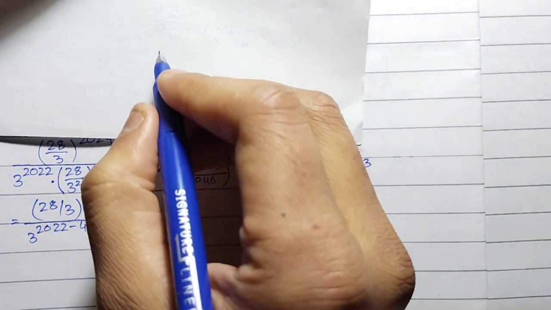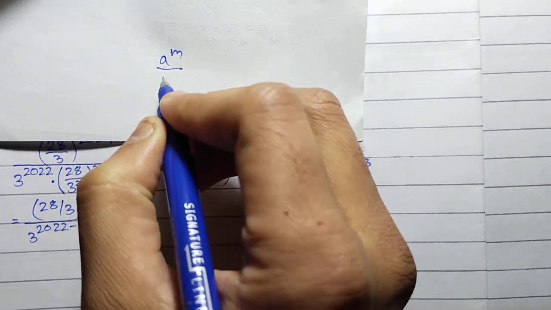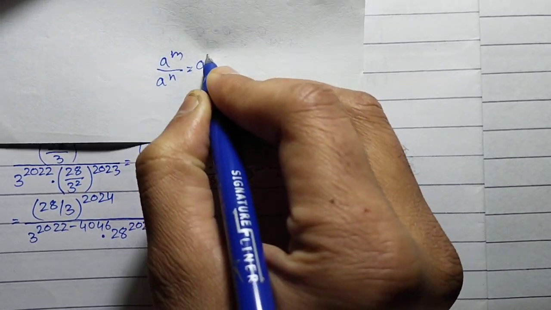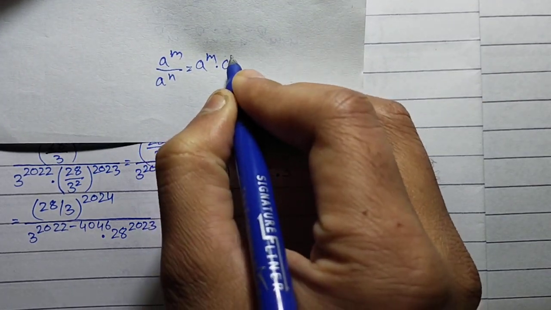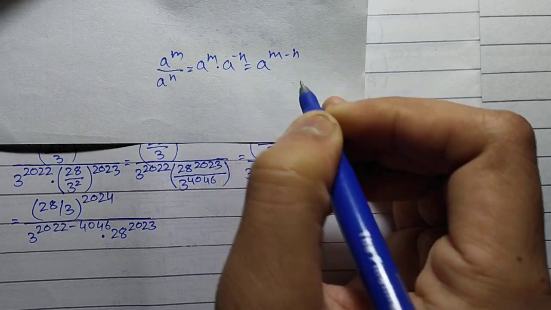This law of exponents, which is a raised to power m over a raised to power n is equal to a raised to power m times a raised to power minus n, and it is equal to a raised to power m minus n.